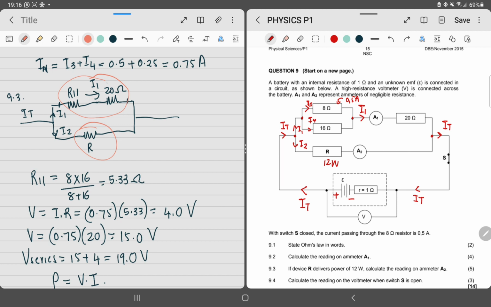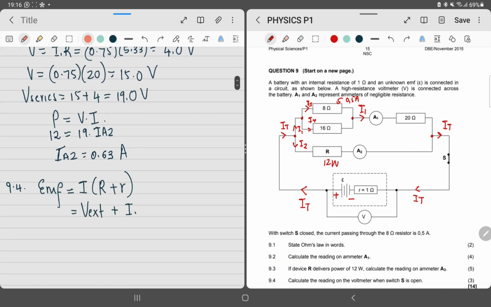Once we combine that and that, and they become one resistor, they will have the same potential difference still. There's no other resistor that's connected. This is the effective resistance. It's the total. So the potential difference must be the 19 that we got. That is the V external.